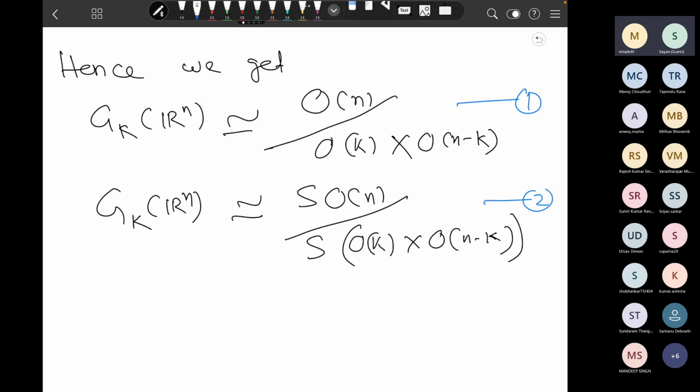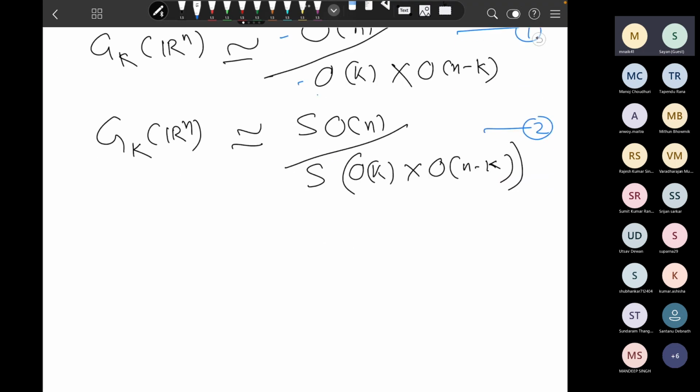Now, if you look at the right hand side of 1, I stated that O(n) is a Lie group and O(k) cross O(n-k) is a closed subgroup of O(n). Therefore, the right hand side has a manifold structure.